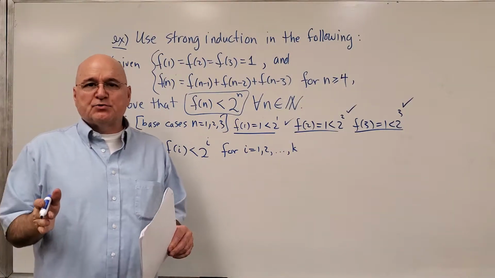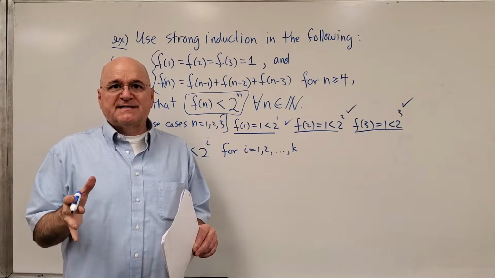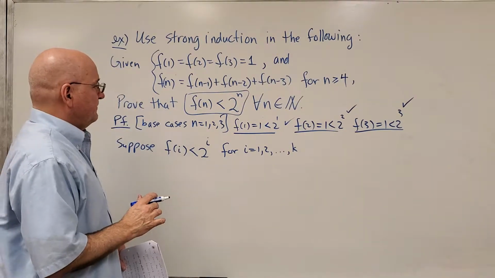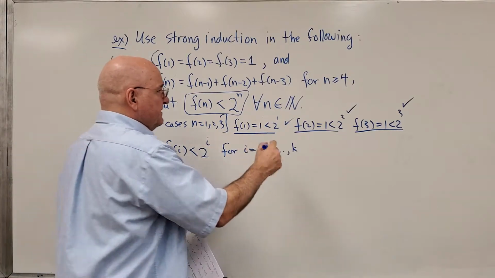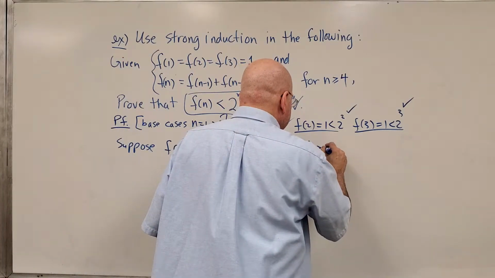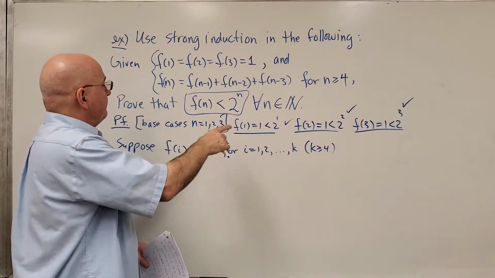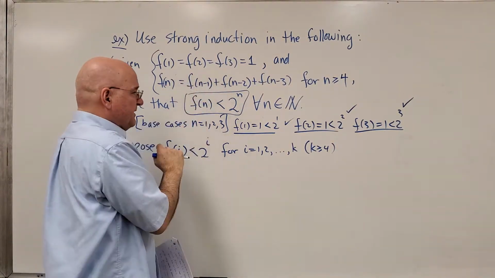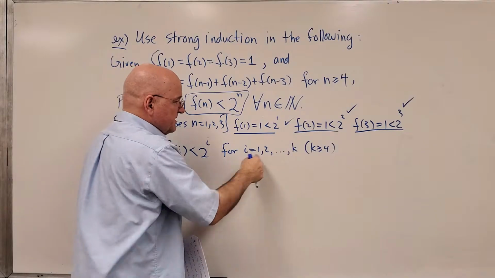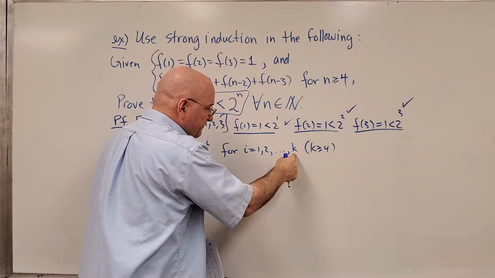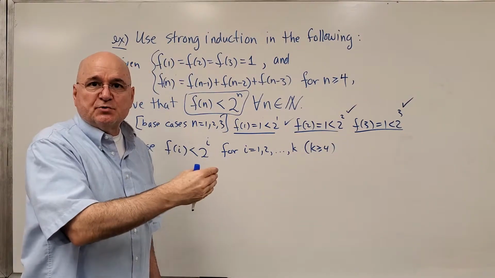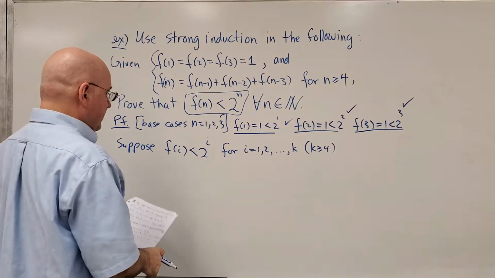So suppose it's true for all of the first k natural numbers. And note that k is at least 4. We already proved it for f1, f2, and f3. So this list is going to go up to at least 3. And we're just going to prove that it's true for k plus 1.